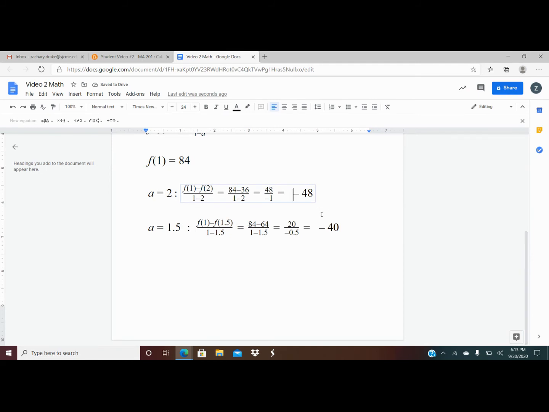Now we're getting closer. Next, we're going to do this with a equals 1.1.